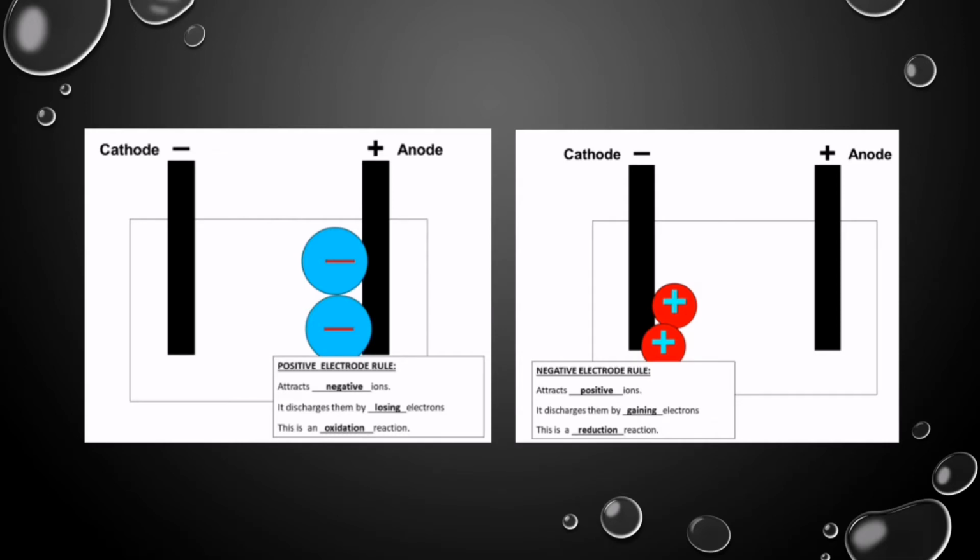It discharges them by losing electrons. This is called an oxidation reaction. Positively charged ions move to the negative electrode, which is called the cathode. It discharges them by gaining electrons, and this is called a reduction reaction.